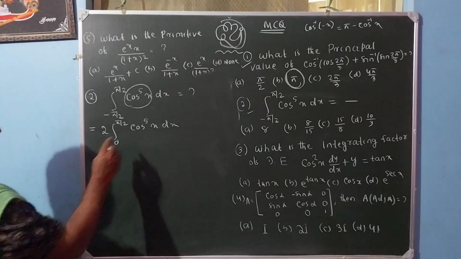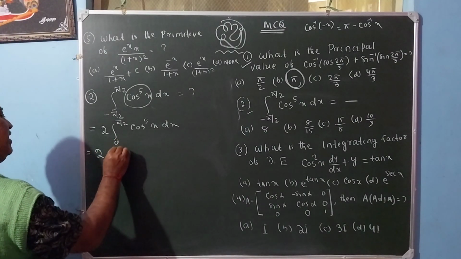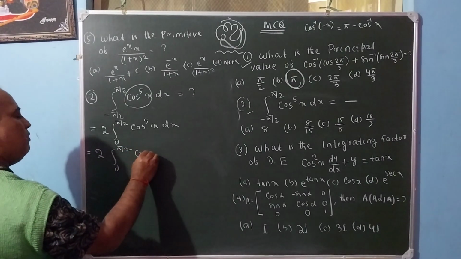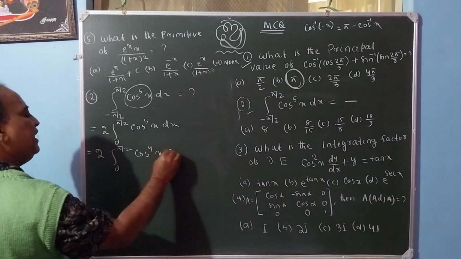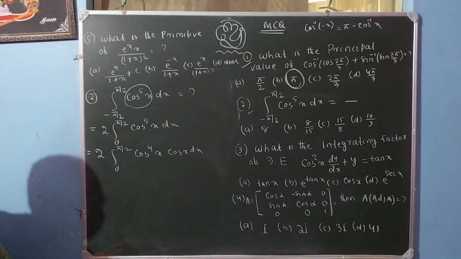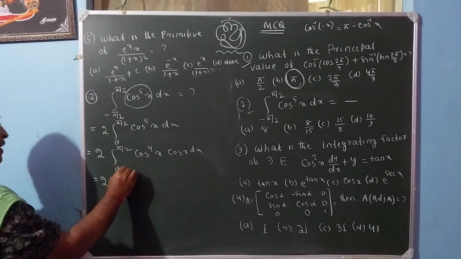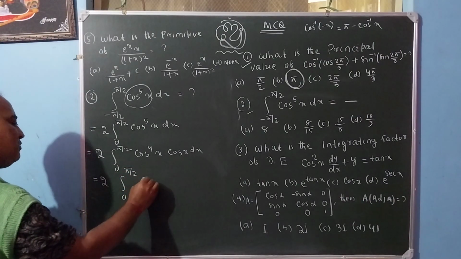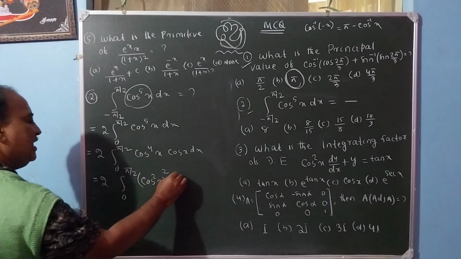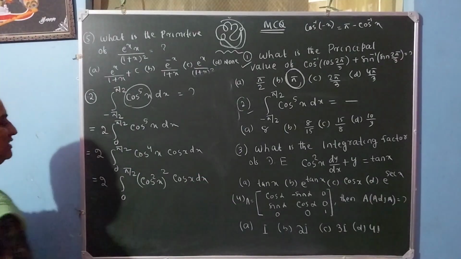Now we have to do this integration from 0 to pi by 2 of cos to the power 4 x into cos x dx. That can be written as 2 times the integral from 0 to pi by 2 of cos square x whole square into cos x dx.